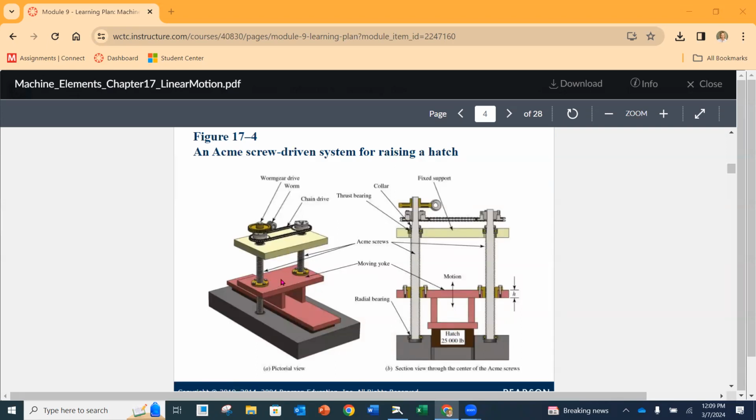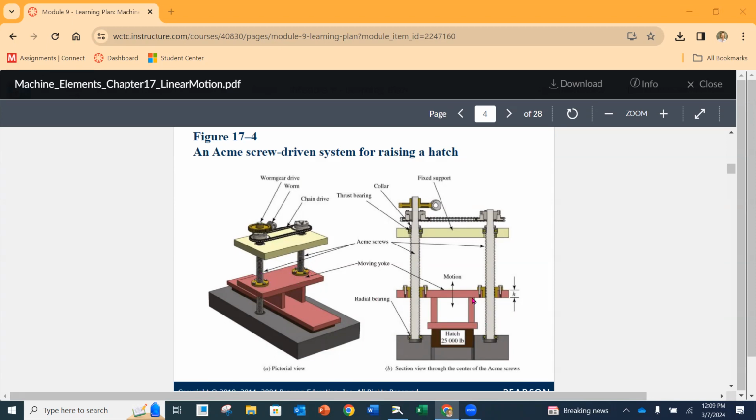And you'll notice that these are the lead screws that are threaded. And then there are these, they call them nuts, okay, that are on there. And then they're calling this part the movable yoke. That's really what's going to keep them in tandem at the same level. Then you're going to have two columns of these Acme screws that are going to go up and down.